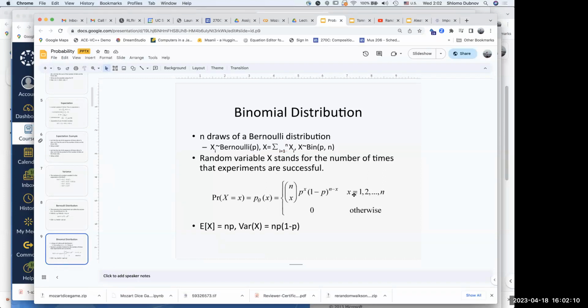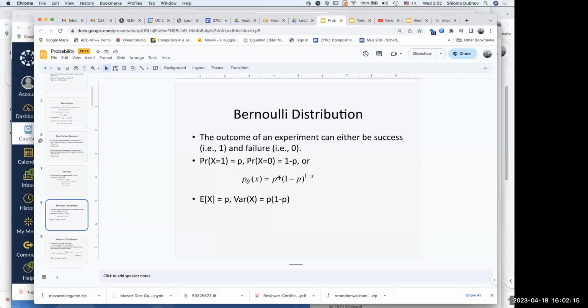I think the confusion is because here x can go from 1 to n, and here x was just a single event, p or 1 minus p.